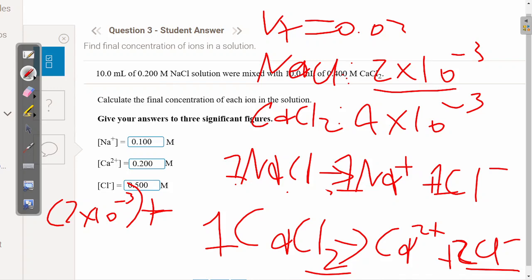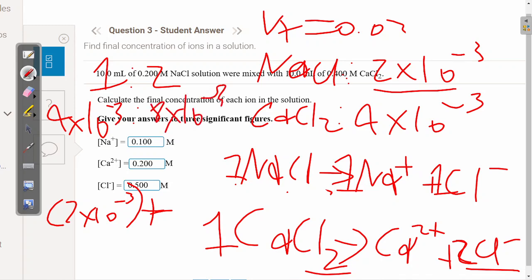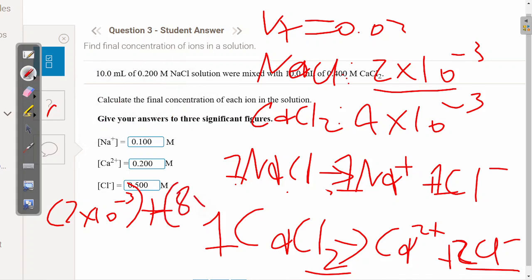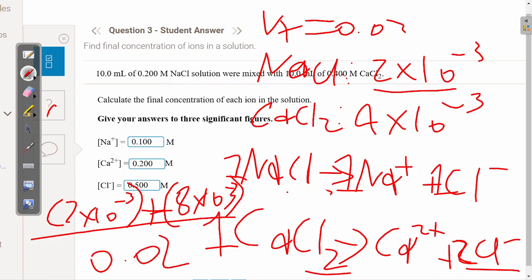So CaCl2 is 4 times 10 to the negative 3. So Cl will be what? It will be double. It will be 8 times 10 to the negative 3. So you do 2 times 10 to the negative 3, we found it, plus 8 times 10 to the negative 3. All of it over the total volume, which is 0.02. You will get 0.01 over 0.02, which is 0.5.